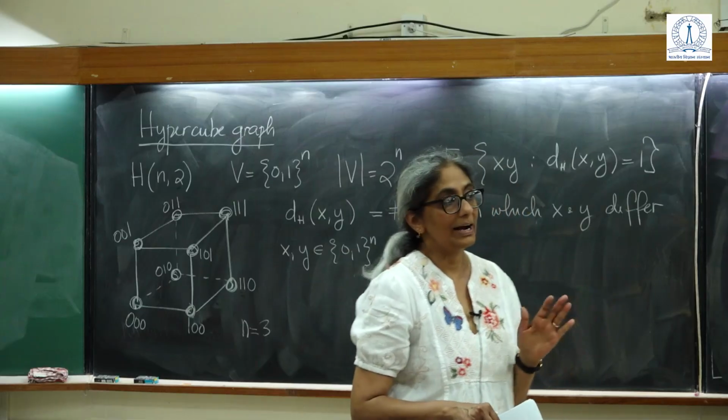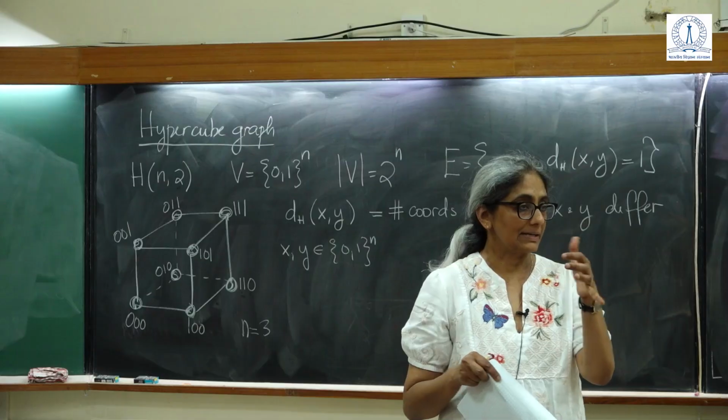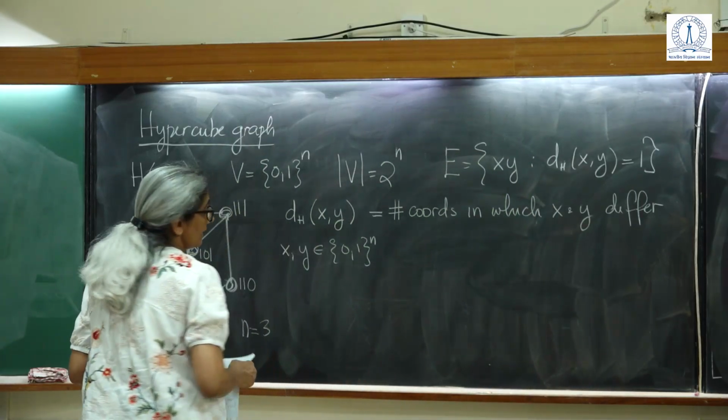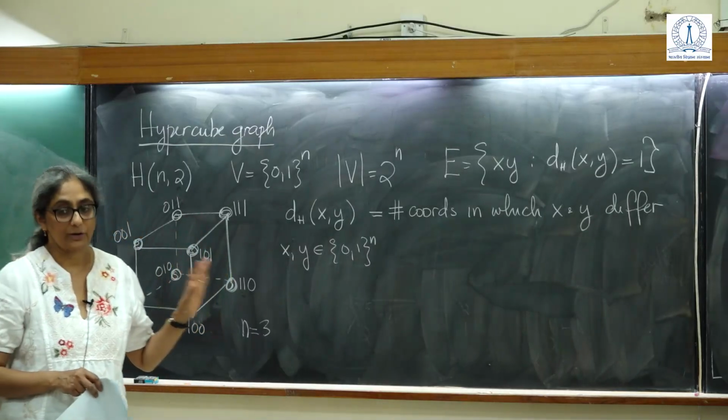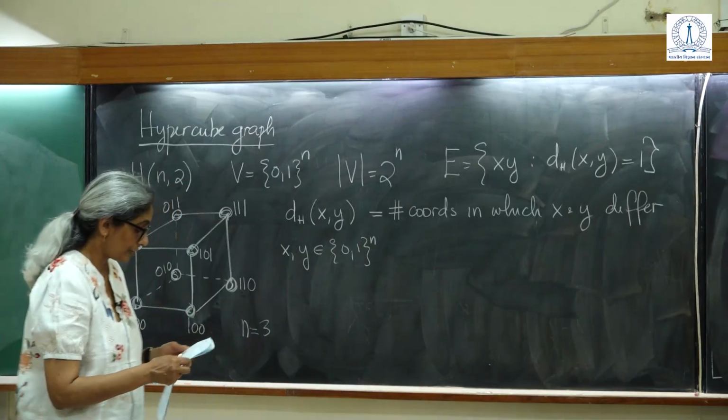The rule of making the graph is the same. You connect two things if their Hamming distance is 1. But I won't talk about those general Hamming graphs at all. I will tell you what the results are, but I'm not going to focus on them.